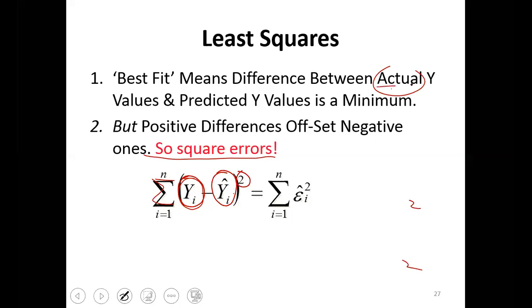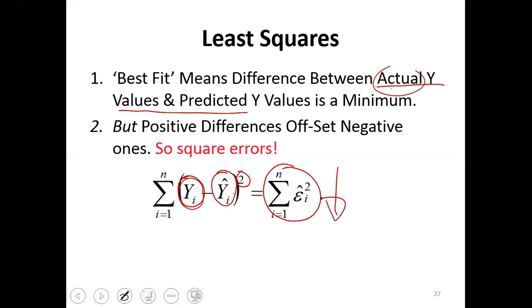So here the difference between the actual value and the predicted value should be as minimum as possible. So this summation has to be as minimum as possible, right? This is what we call the error term.